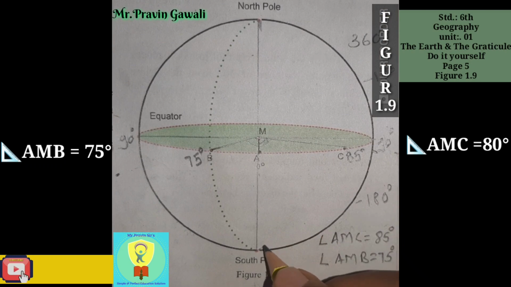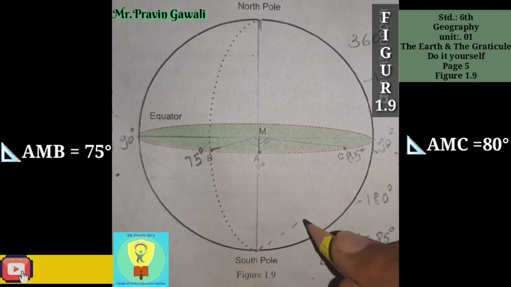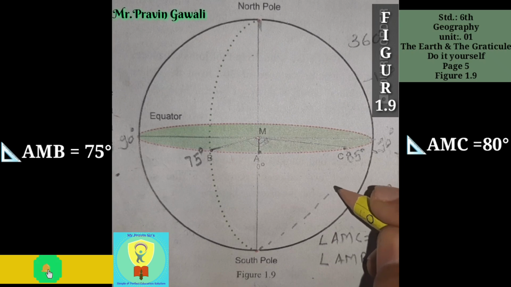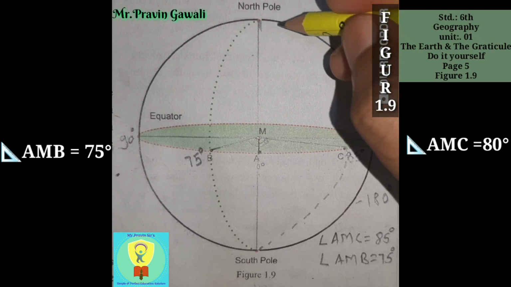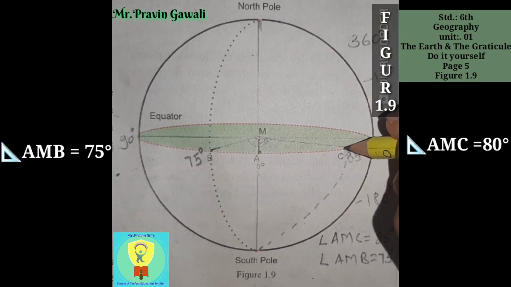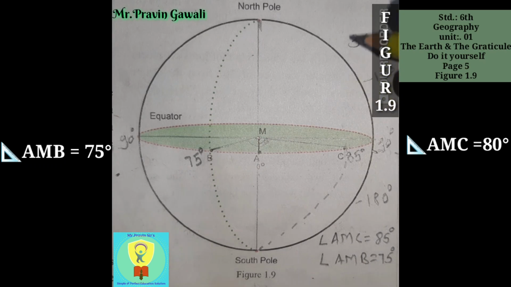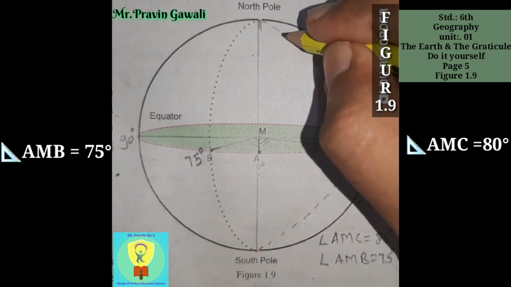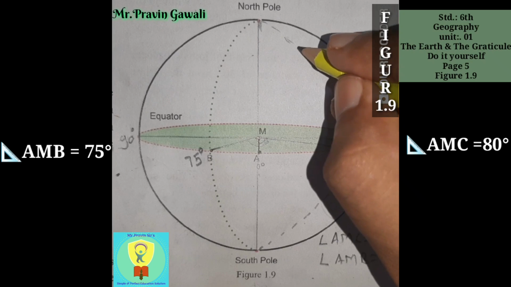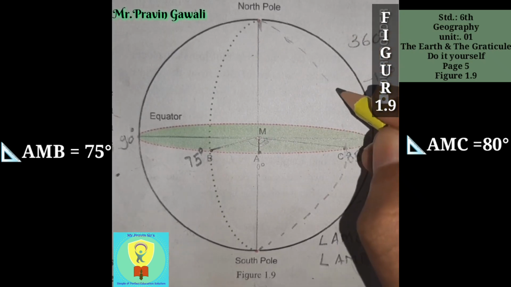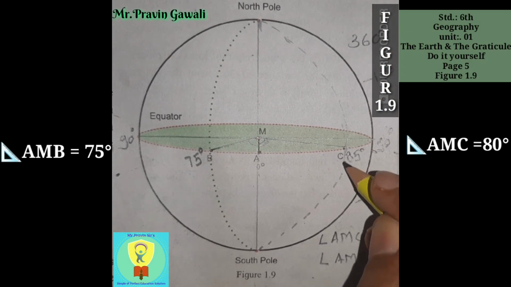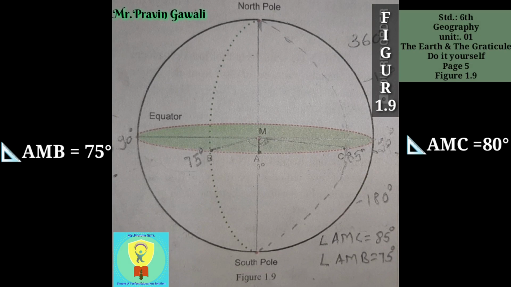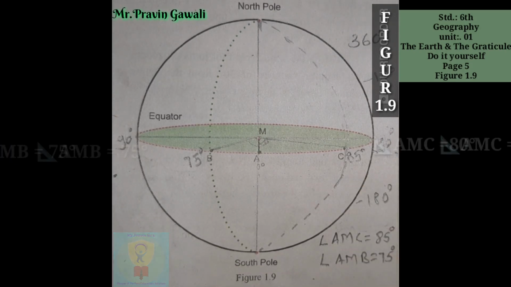I will draw it roughly. You should draw it properly, it should be a semicircle, in this way. Have you seen, students? Have you understood this activity? Very good.